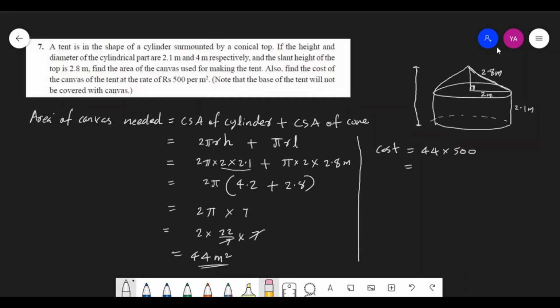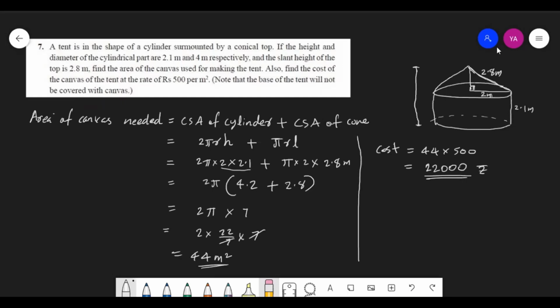I think you can do it in your mind. 22,000 will come. 5 into 44 is 220. Then put 2 zeros. So 22,000 rupees will be the cost for buying the canvas.